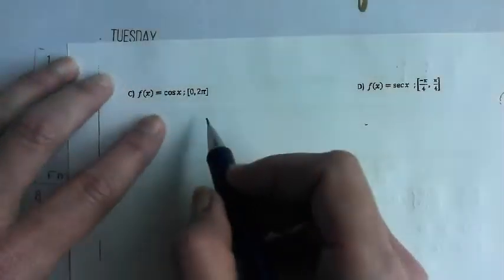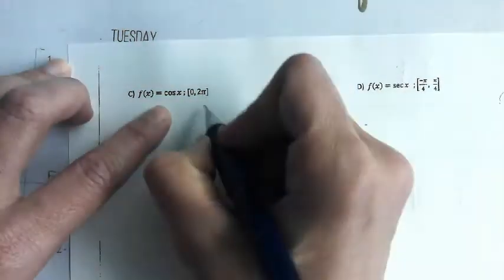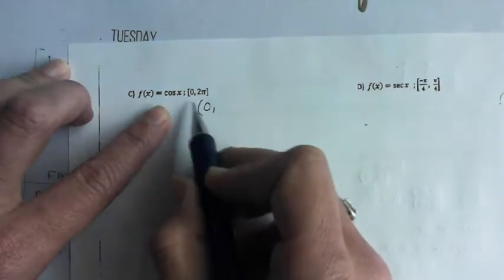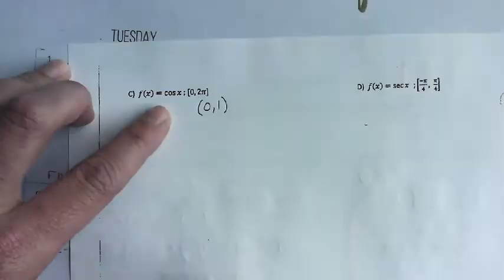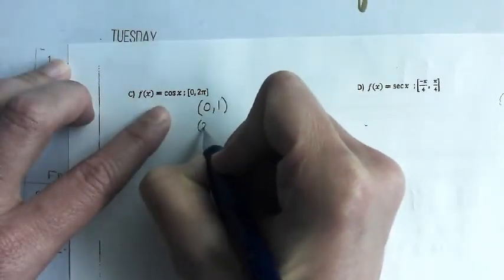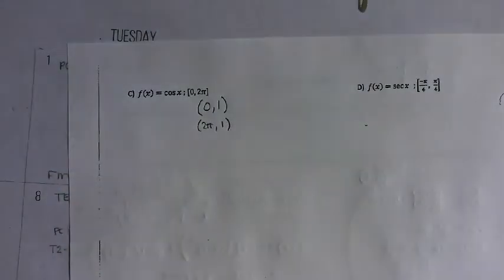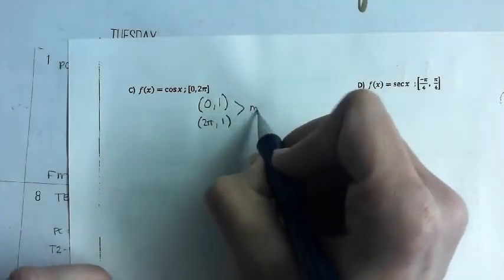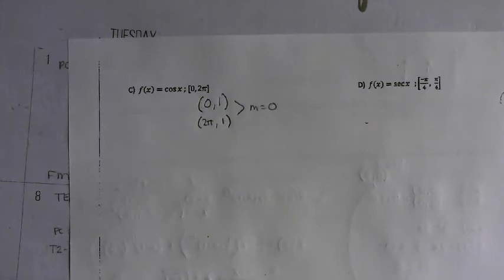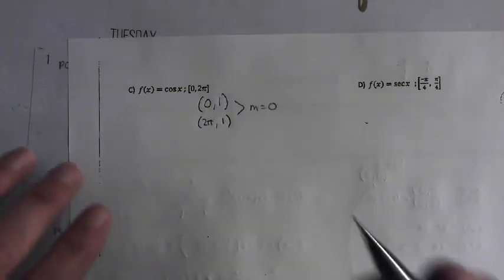Okay, so on this next one, we're looking at the interval of 0 to 2 pi. So cosine of x is definitely continuous and differentiable. Look at your endpoints. Cosine of 0 is 1. Cosine of 2 pi is 1 as well. Average rate of change, obviously, is 0 because they're starting at a level of 1 and ending at a level of 1.